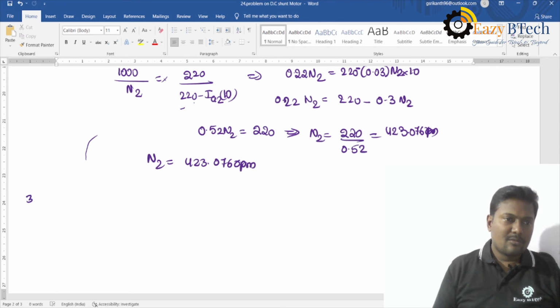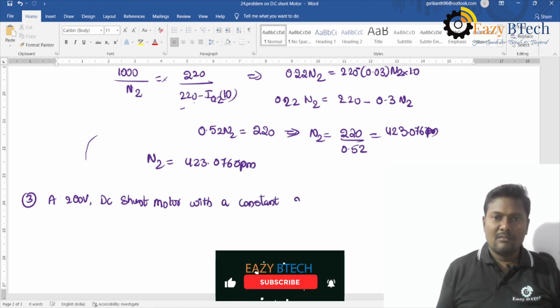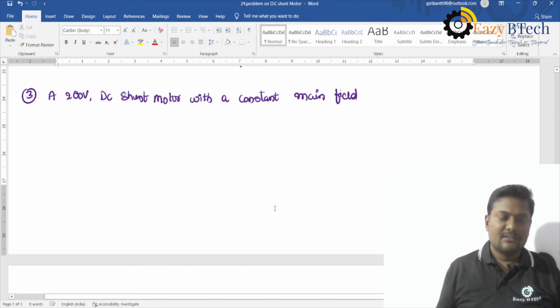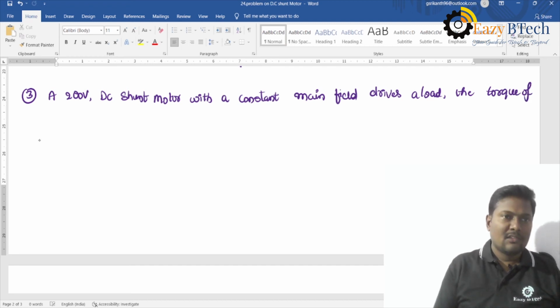We'll discuss one more problem also. A 200 volts DC shunt motor with a constant main field drives a load, the torque of which varies as the square of the speed.